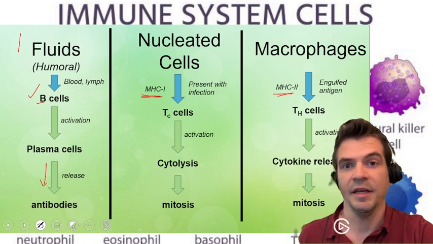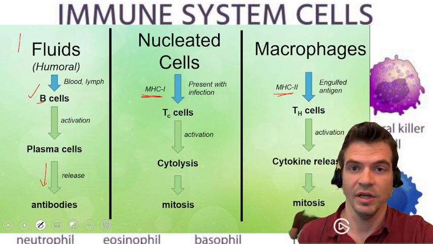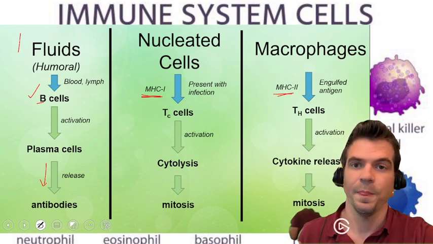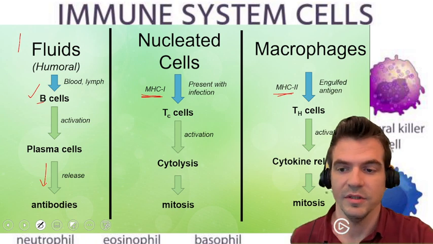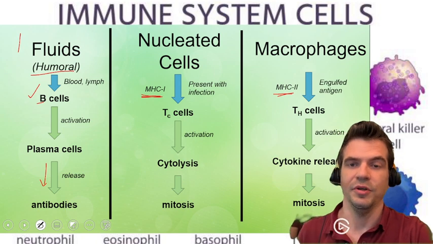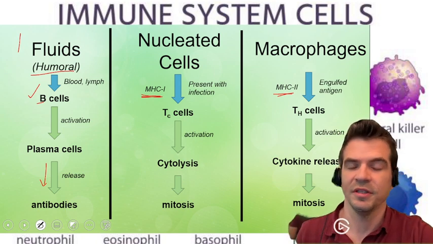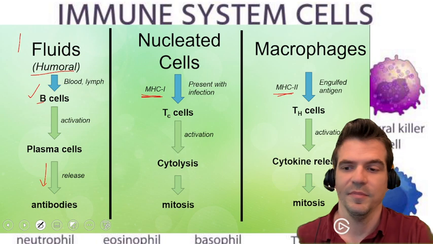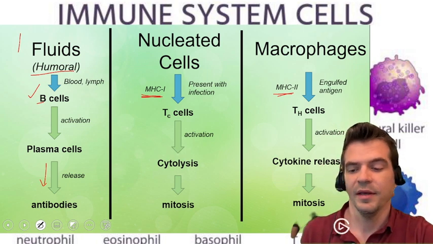Antibodies are free floating in the blood, the serum, and our fluids. That's why we call it humoral defense, because the ancient Greeks called the four humors the fluids of the body.